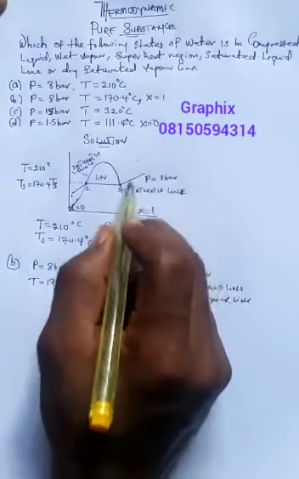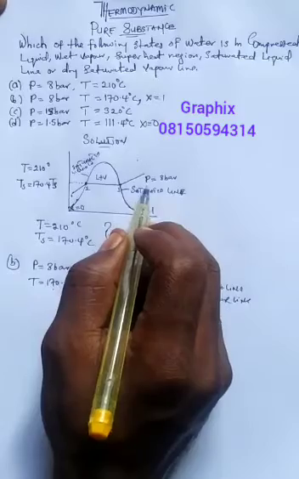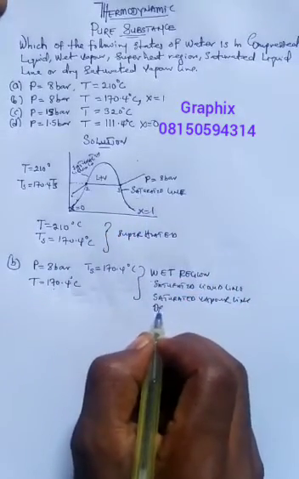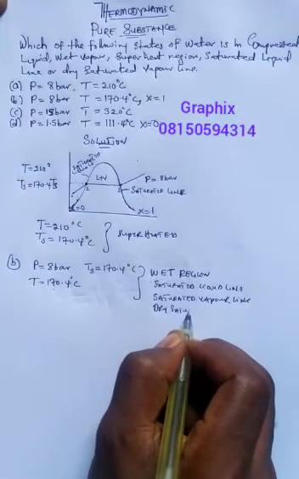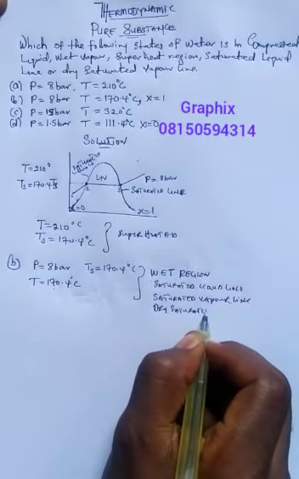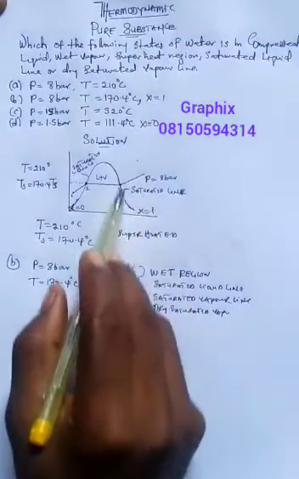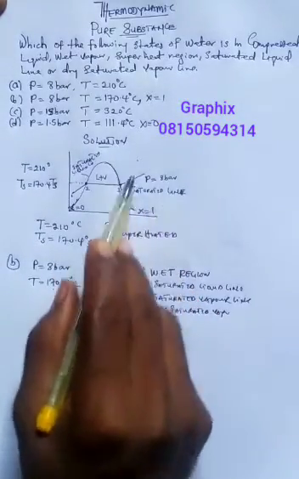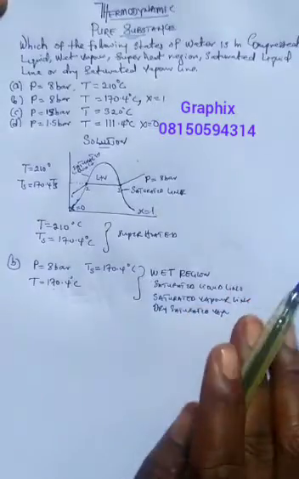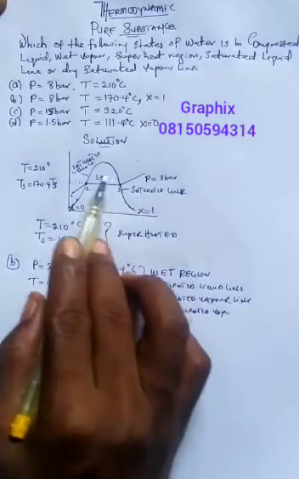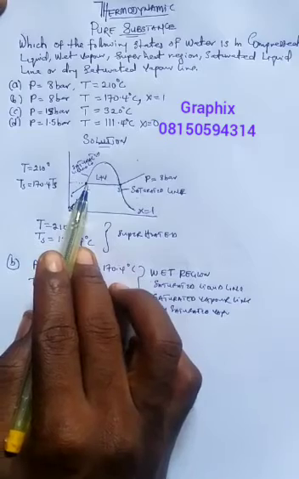So we'll say it is also dry saturated vapor, because when the dryness fraction is 1, it means there is no liquid present in it. It is just pure vapor. At this state, between 0 and 1, it means that liquid and vapor exist together.